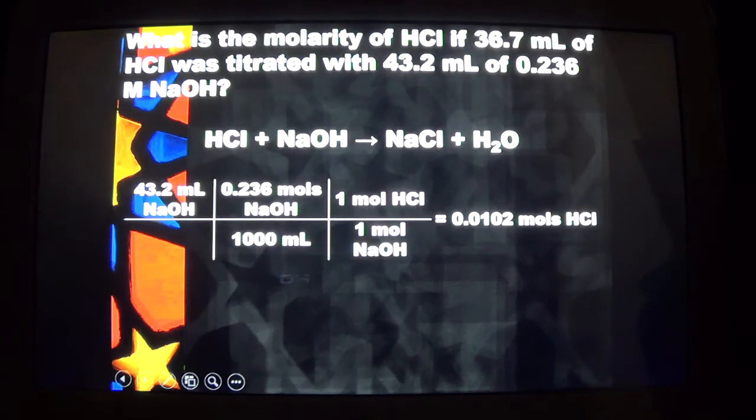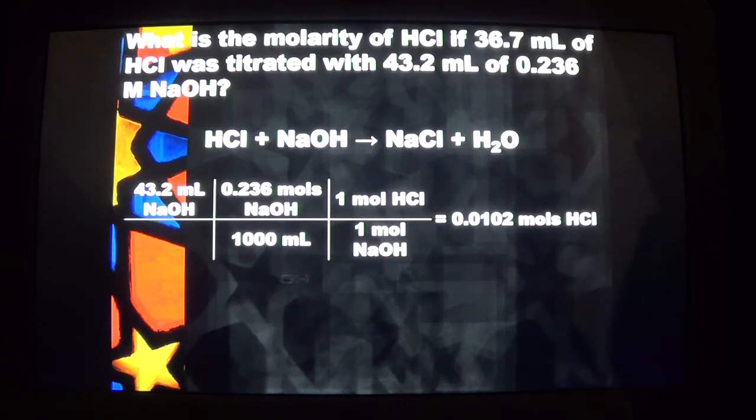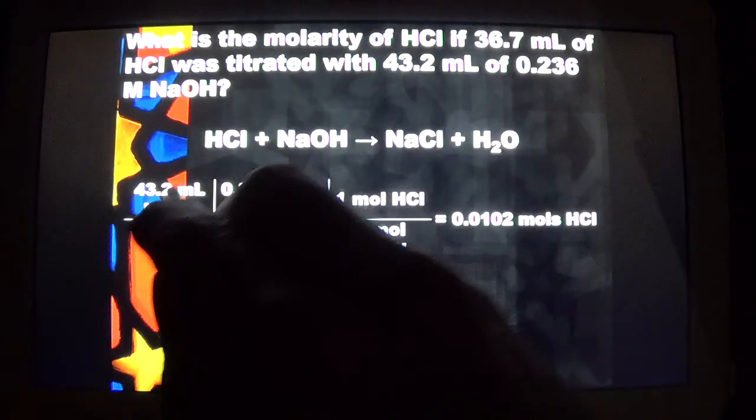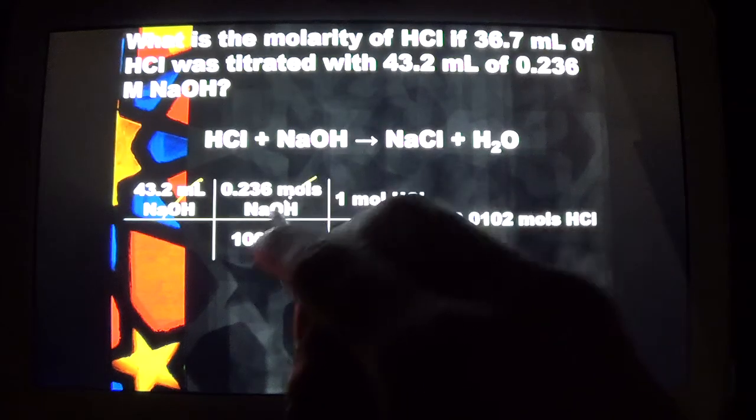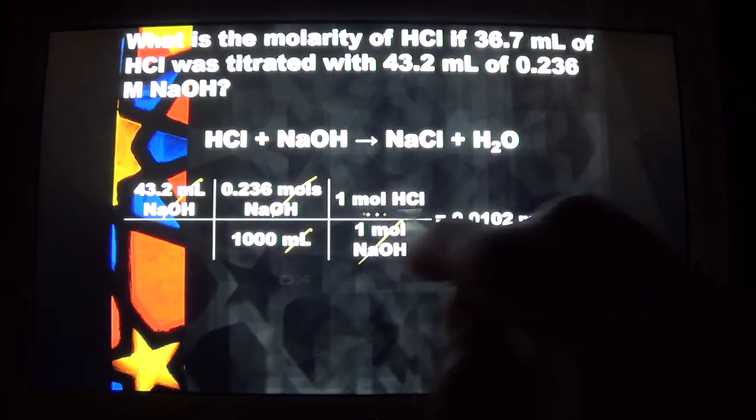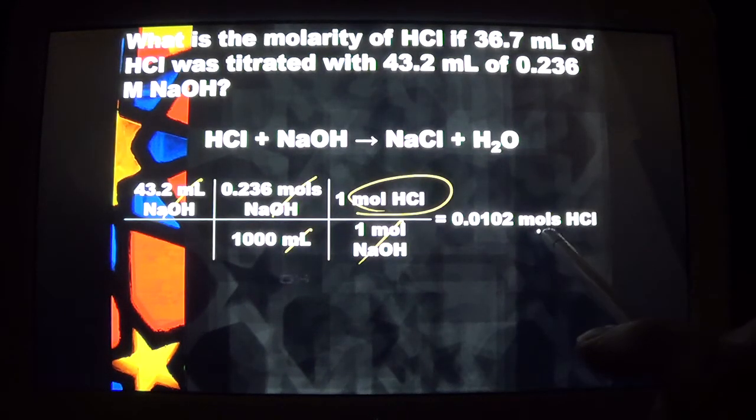And I'll point out, why did I stop and calculate right now? Because the thing that hadn't canceled is moles of hydrochloric acid. And that gets me half of what I need for molarity. So knowing when to stop your railroad track could be half the battle.